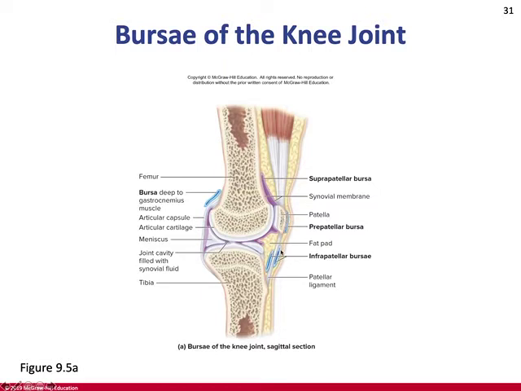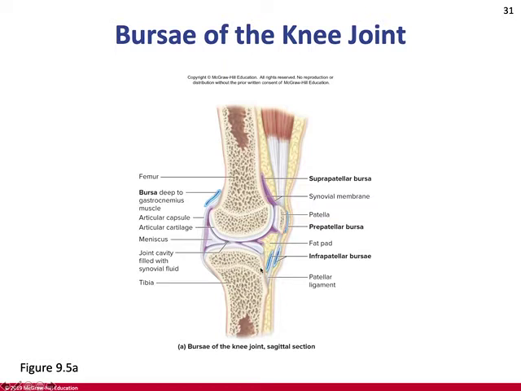Your infrapatellar bursa, which are below the kneecap. And then you've got bursa that are underneath the attachment, the origin point for the gastrocnemius, right, which crosses the back of the knee and the back of the ankle. Okay, and the purpose of all of these, again, is to allow movement without pain, right, to reduce friction.